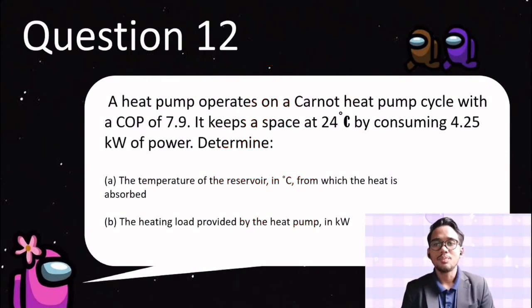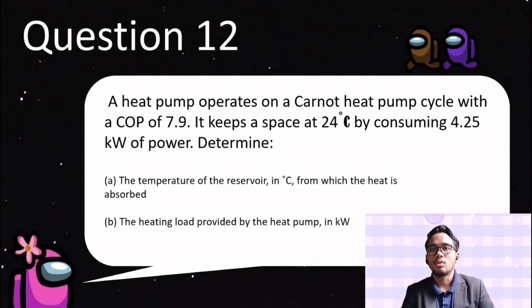Bismillahirrahmanirrahim. Assalamualaikum. So my name is Muhammad bin Suhaimi. My matric card number B0920104339. So today I will explain about question number 12, which is: a heat pump operates on a Carnot heat pump cycle with a COP of 7.9. It keeps a space at 24 degrees Celsius by consuming 4.25 kilowatt of power.